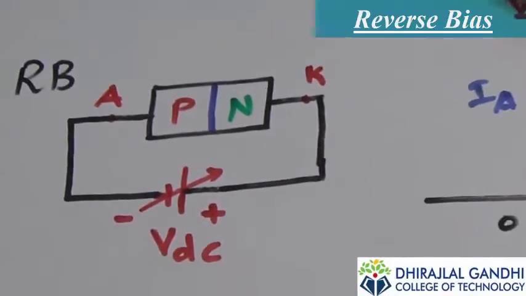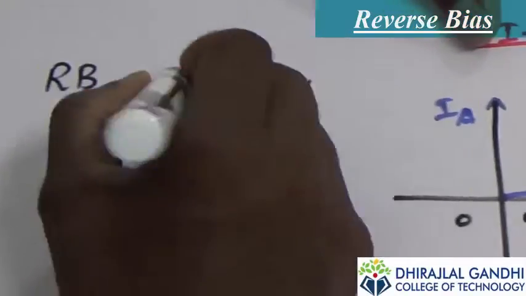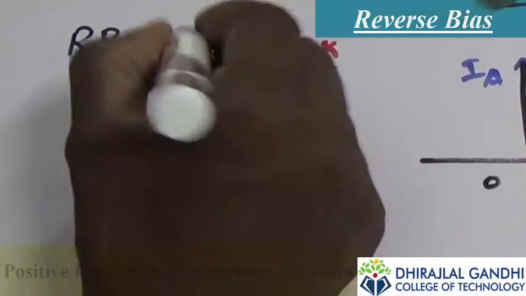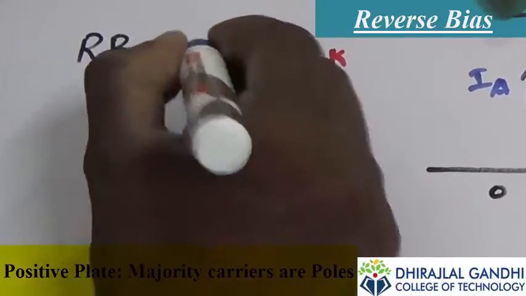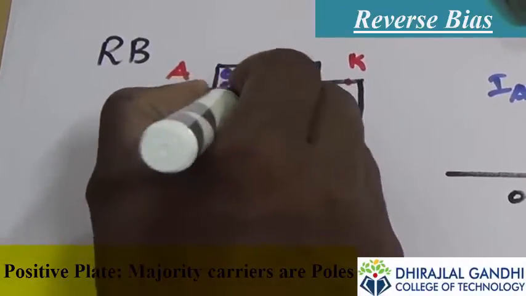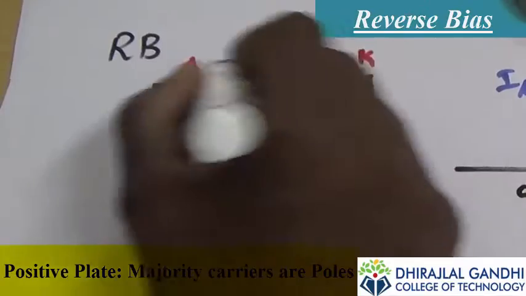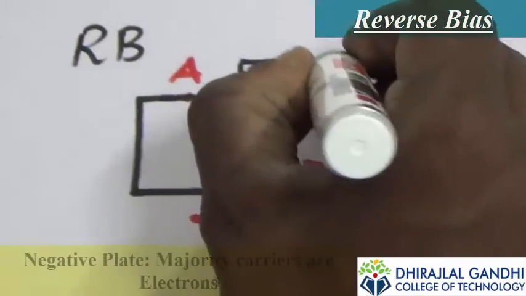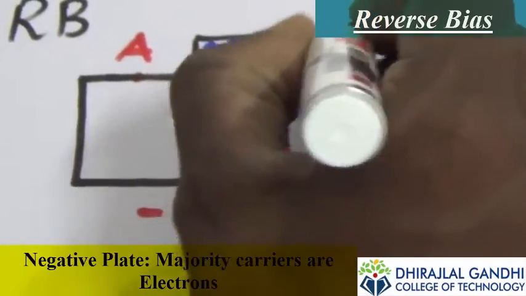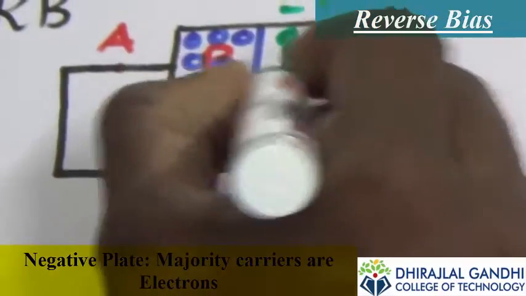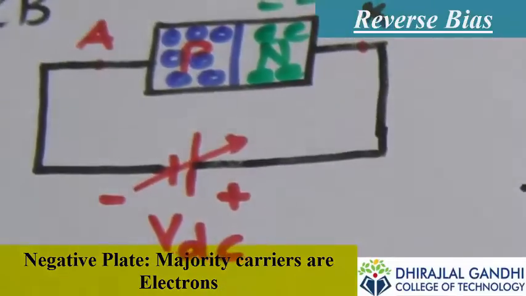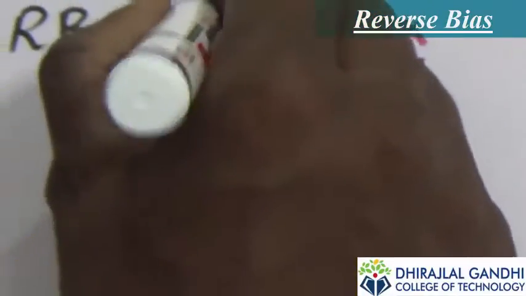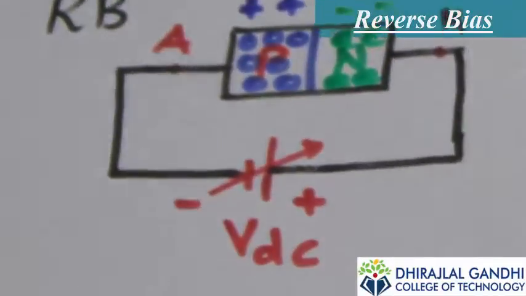Here, as I said already, the positively charged ions are in the positive plate, and the negatively charged ions, which means electrons, are in the negative plate.